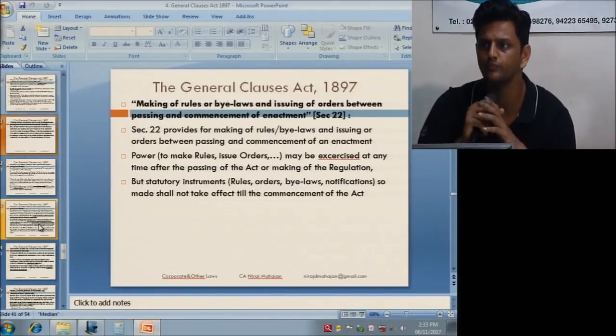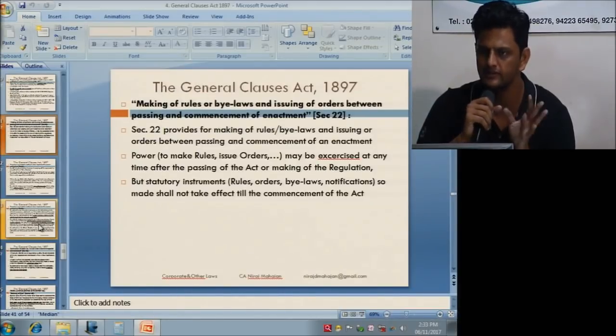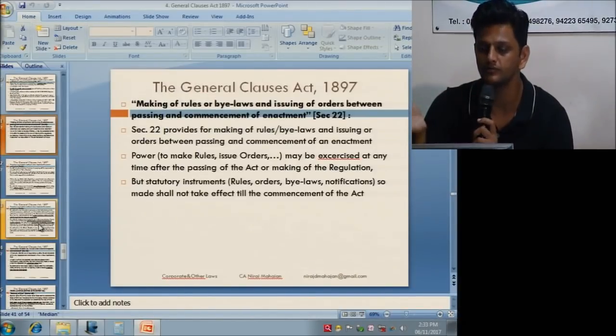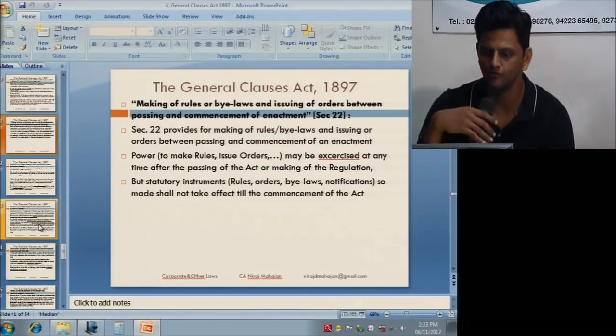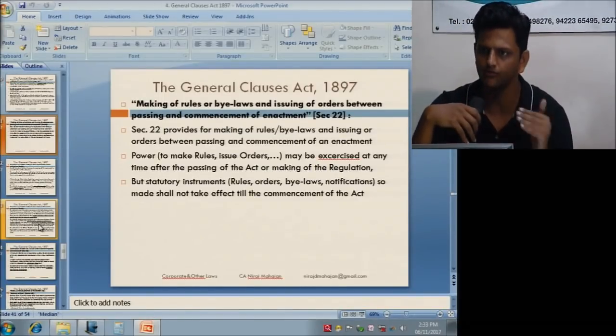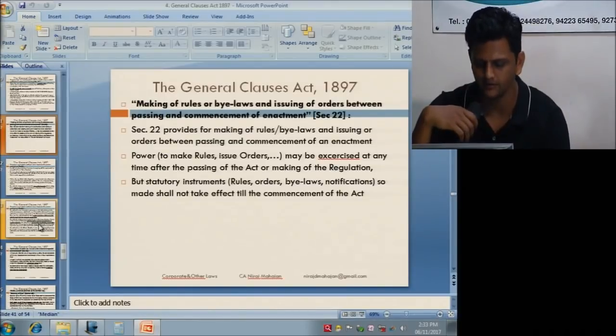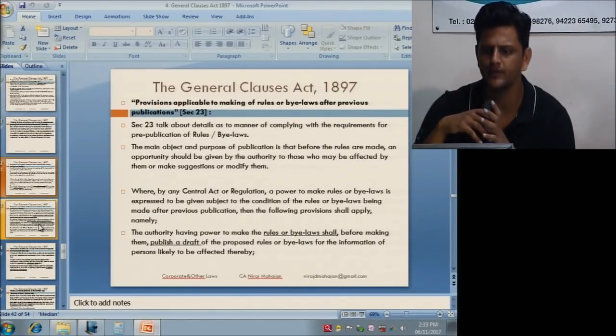So you have the authority to make these rules, orders, circulars, before commencement also, but they will have effect from the date of commencement of the act.